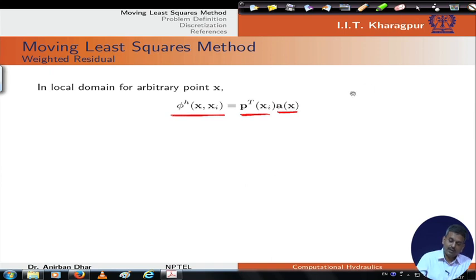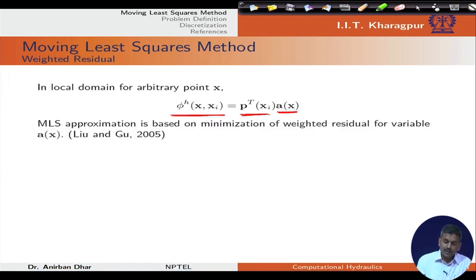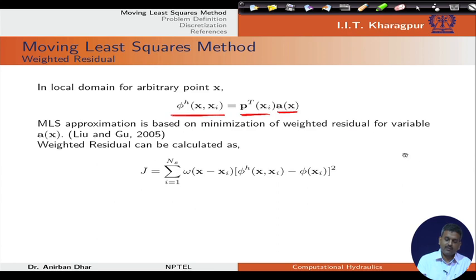In this case, MLS approximation, or moving least squares method approximation, is based on minimization of weighted residual for variable Ax. So, Ax is variable. Previously we got the Ax value based on inversion of matrix. Now, we can represent it as a minimization problem.